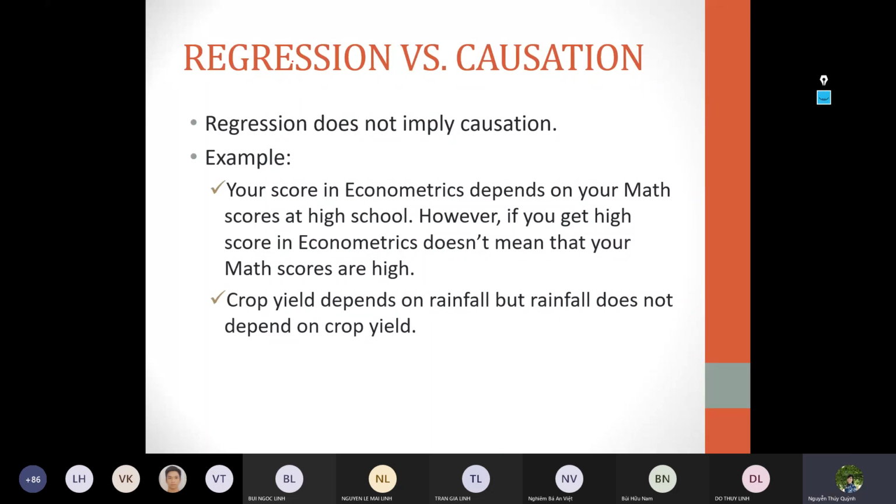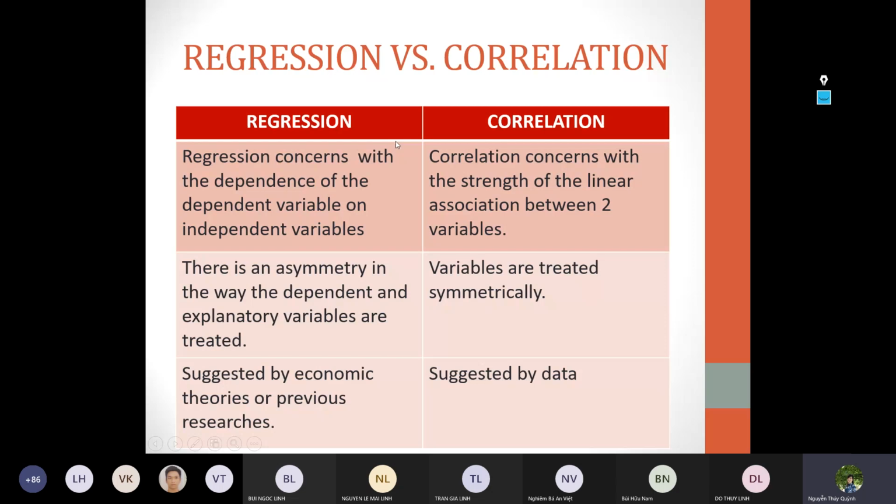Next we will show the difference between regression and correlation. When we reviewed statistics and probability, we discussed correlation analysis. For correlation analysis, we just care about the variation of two random variables at the same time, whether they move in the same direction or in opposite directions.